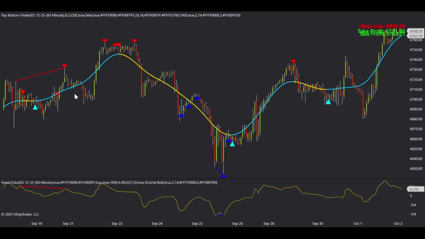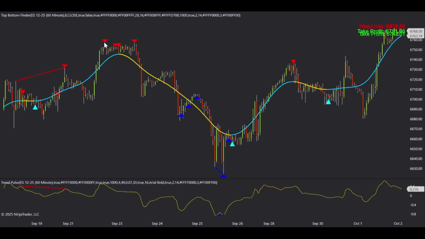And this is going to work well because the trend pulse is finding when trends are about to end and we start to see a reversal form. For instance, in this move here, this uptrend is about to start to range and we could see a reversal.